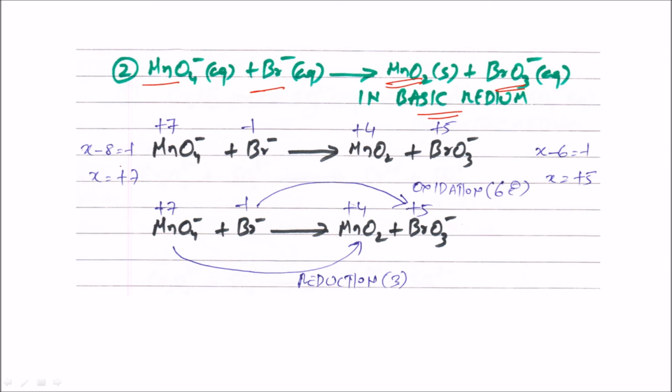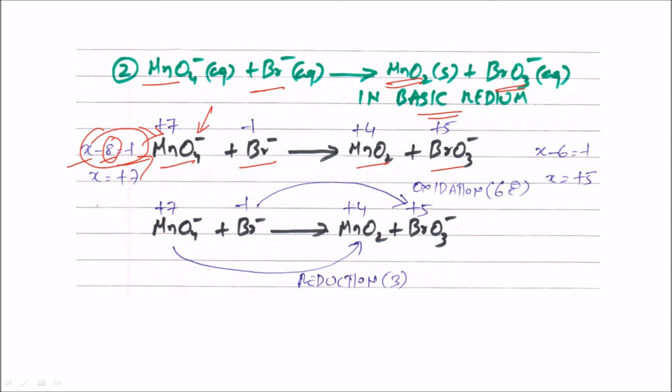Let us take the steps you have already learned, right? First one, skeletal equation. You can see here MnO4 minus plus Br minus gives MnO2 plus BrO3 minus. Now mention the oxidation numbers. For manganese, we don't know the oxidation number, so I take it as X. Minus oxide, we got 4 in total, so 4 into -2 is -8, equal to the total charge on this, which is -1.